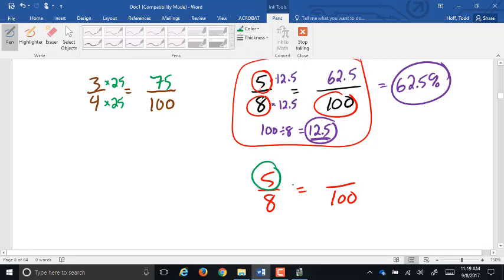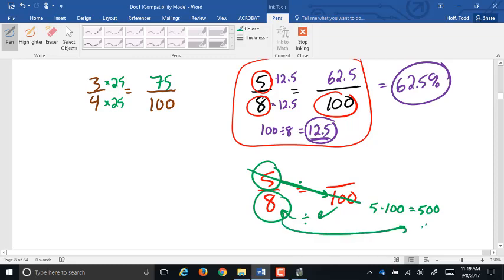We're going to take this number here, and we're going to multiply it by this number divided by that number. So they're going to multiply the two numbers that are on the diagonal. 5 times 100 is 500. And then divide by the other number that's on the other diagonal by itself. Dividing by 8 is 62.5.